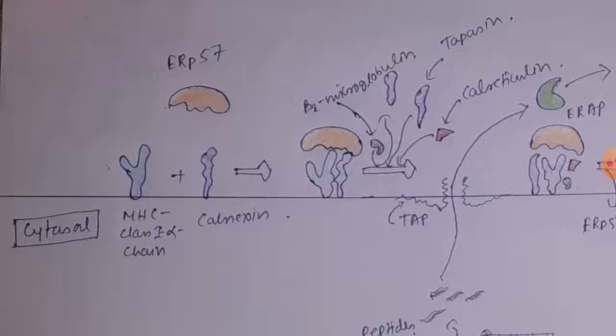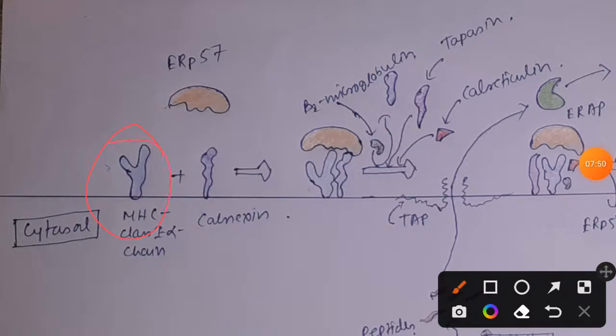So first of all, MHC class 1 alpha chains are always together. Remember this. That means alpha 1, alpha 2, alpha 3 are formed together. And if you see the picture that I have drawn in the MHC class 1 molecule video, there I have described the entire thing in this way, right? And the beta chain was situated separately, right?